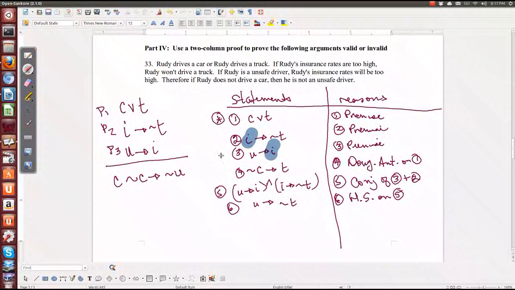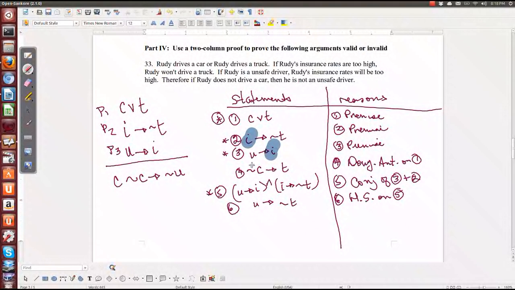And that uses up statements 2 and 3 for the conjunction, and statement 5 for the hypothetical syllogism. This is not my conclusion. My conclusion involves a C and a U, and I don't have this U in the right spot. It's not in the right spot, and it needs to be negated.